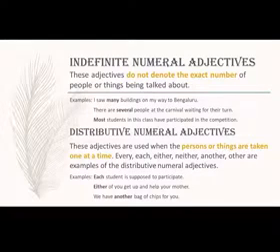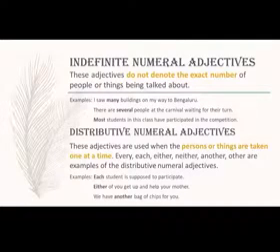indefinite numeral adjective. Or, there are several people at the carnival waiting for their turn. Can we count people? Yes, we can. But do we know the exact number here? No. So, we have used several, which is an indefinite numeral adjective.